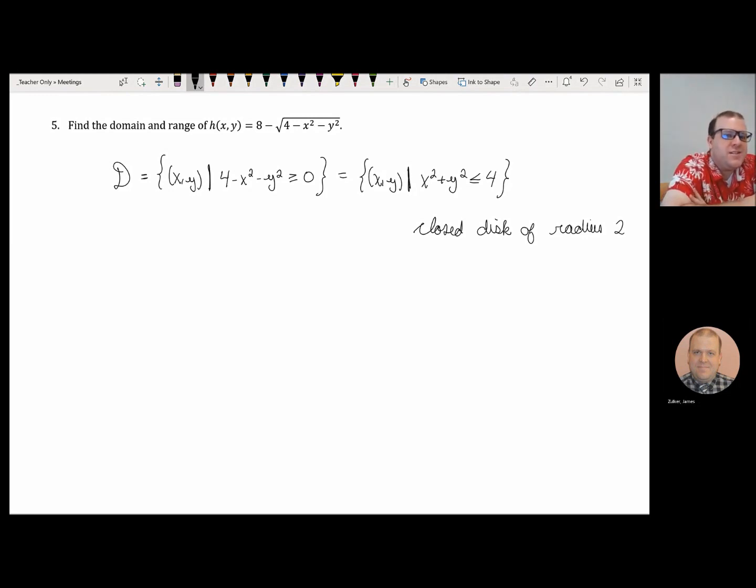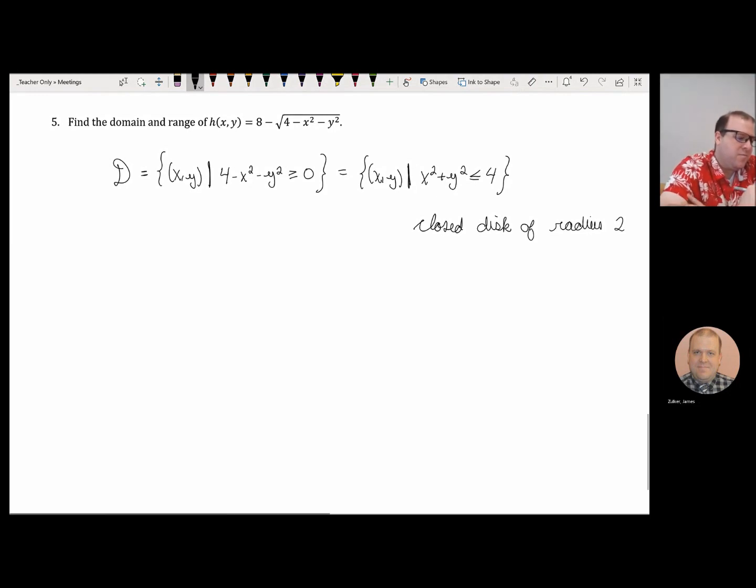For the range, right? The question is, what are the possible values that you can get out of this? Rewrite it.